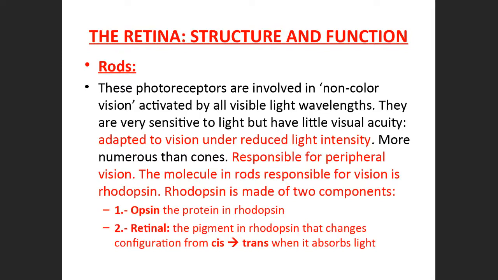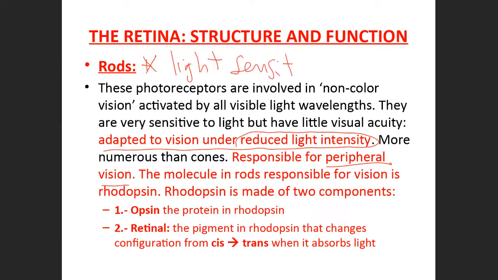So the reason why we describe rods as being adapted for reduced light intensity is because they're so sensitive to light. They're responsible for peripheral vision. That's because the cones, which are the ones responsible for central vision, are located in the macula lutea. So one thing to get out of this, rods are very light sensitive.